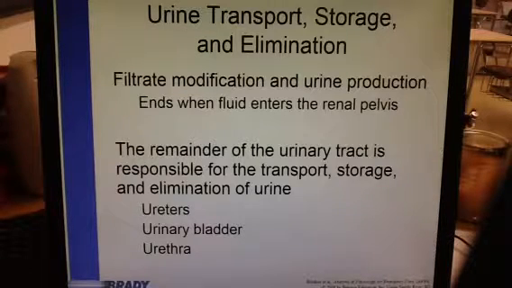It ends when the fluid enters the renal pelvis. At that point, it is not modified anymore. It is urine. And so the remainder of the urinary tract is responsible for the transport, storage, and elimination of urine. So the ureters, the bladder, and the urethra.